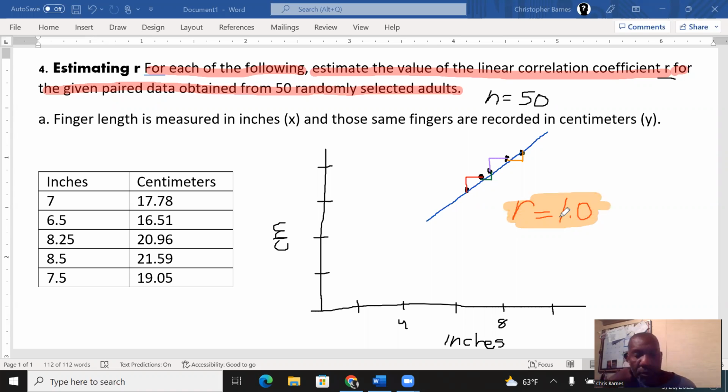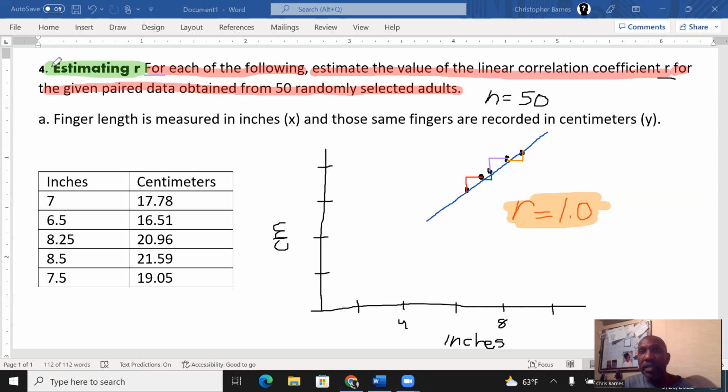For these other variables, what you really need to do is just give me an estimate. Remember, the key word that I think we're losing and forgetting here is we want you to estimate R. So in your mind, you want to think, all right, if we're talking about finger length measured in inches and centimeters, that's going to be damn near the same.